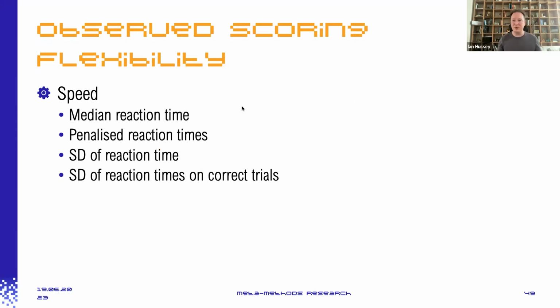Equally, the scoring methods were observed to involve metrics of speed, which could be, for example, medians or more complex versions like penalized reaction times, but also variability in reaction time. So not just speed, but variability.